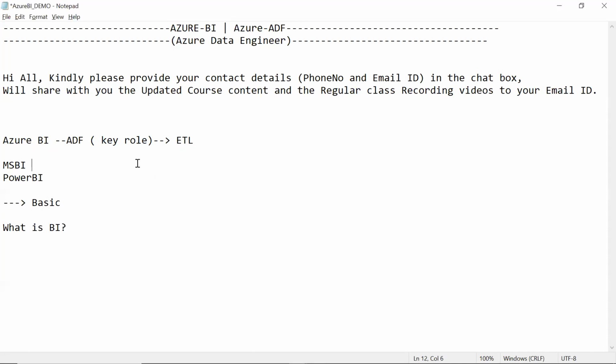One of the tools is Microsoft BI, Power BI; we say Azure BI for the cloud. There is Tableau BI, Cognos BI, Informatica BI, QlikView, and SAP tools. What is BI actually?